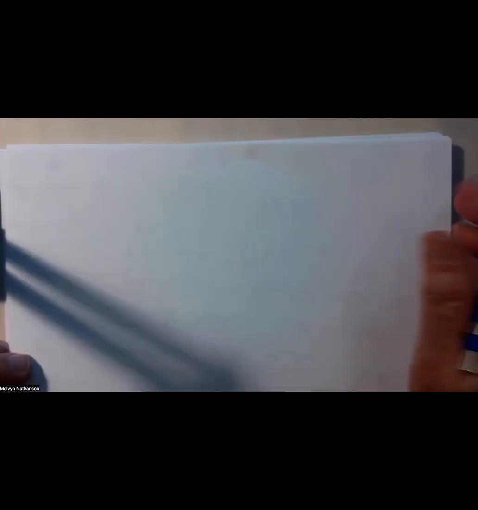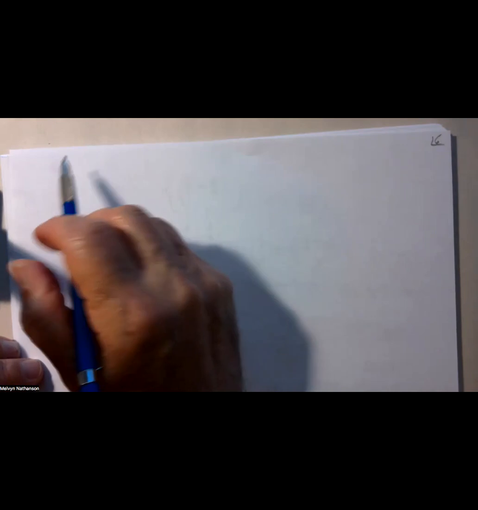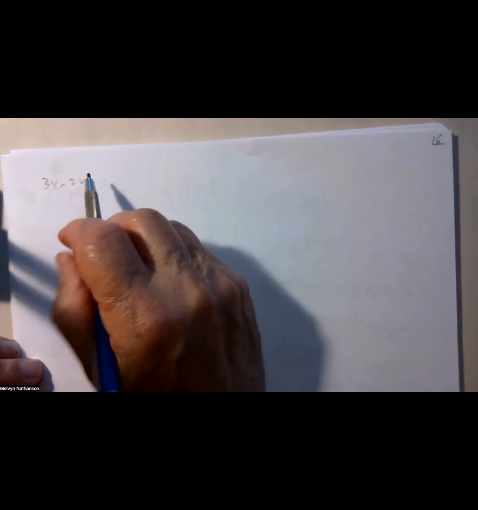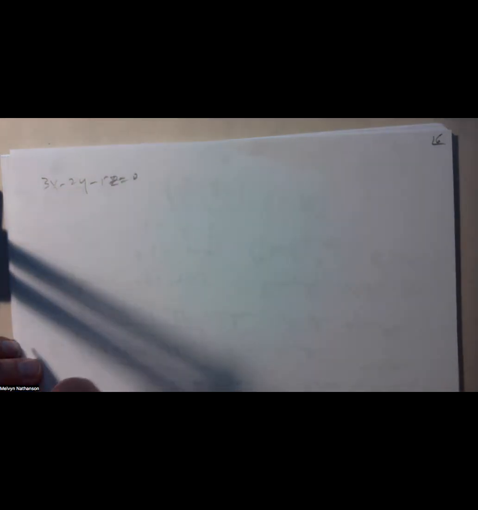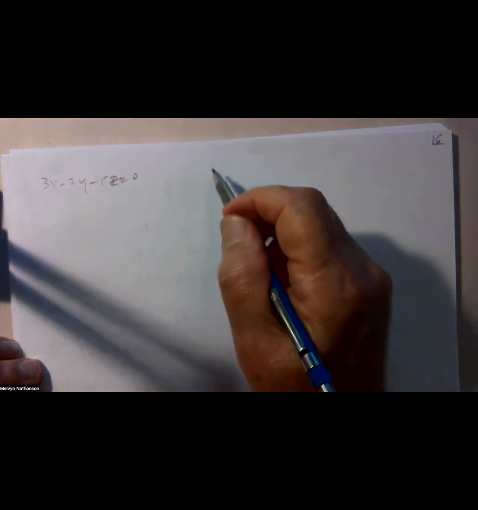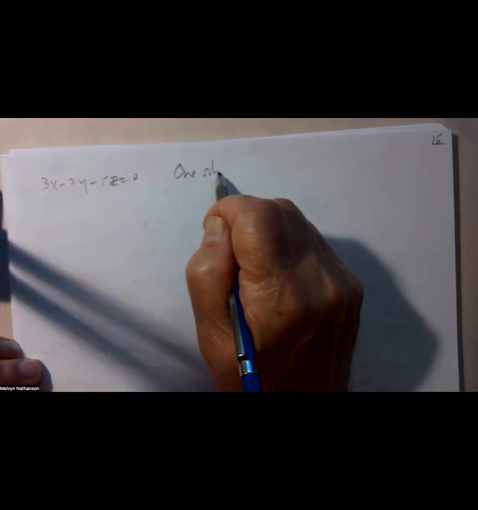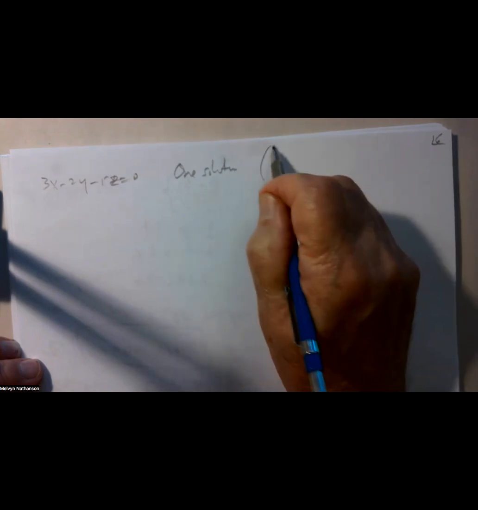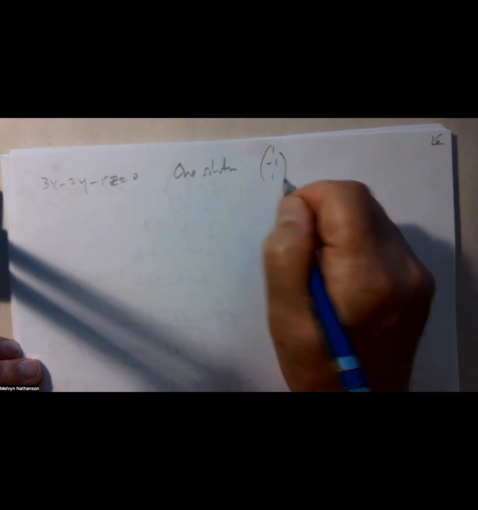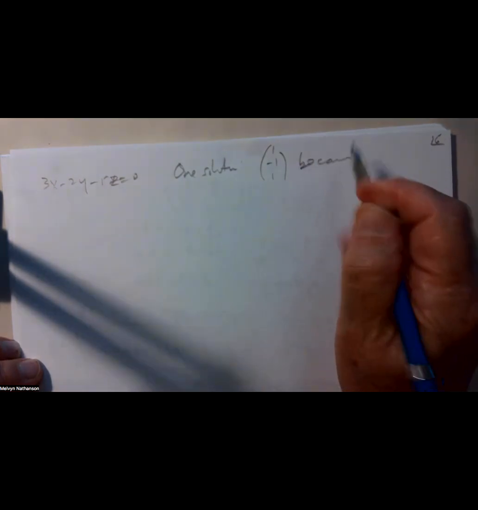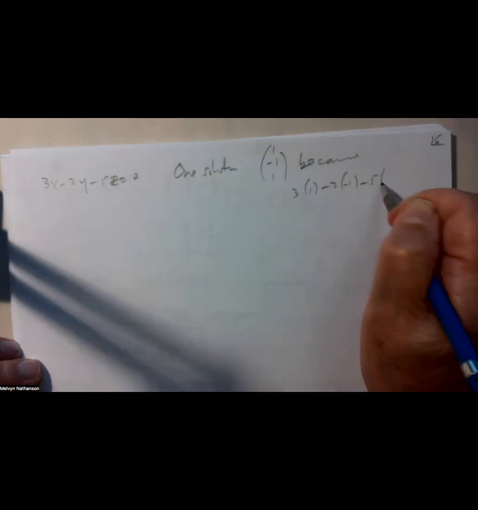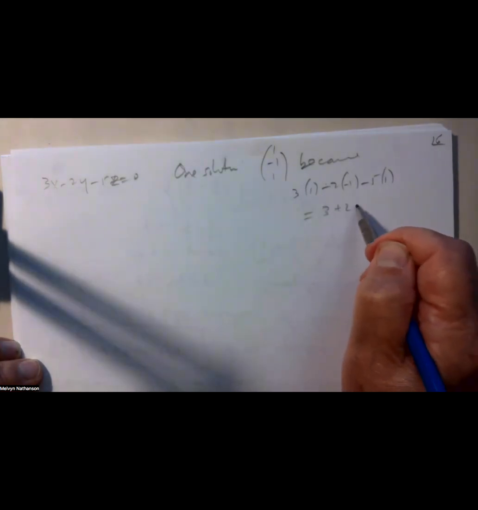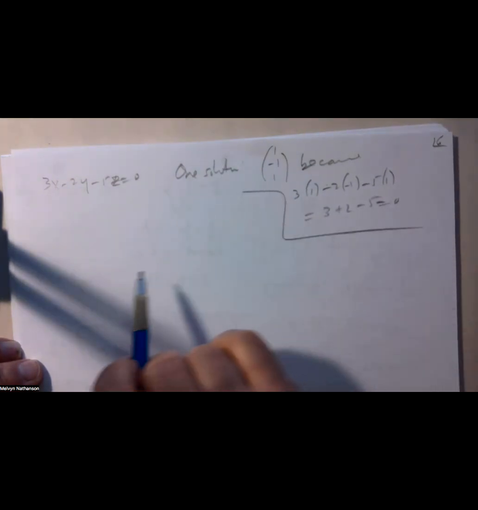Let's look at an equation in 3 variables. So we have 3x minus 2y minus 5z equals 0. One solution is the vector (1, -1, 1), because 3 times 1 minus 2 times minus 1 minus 5 times 1 is 3 plus 2 minus 5, which is 0.